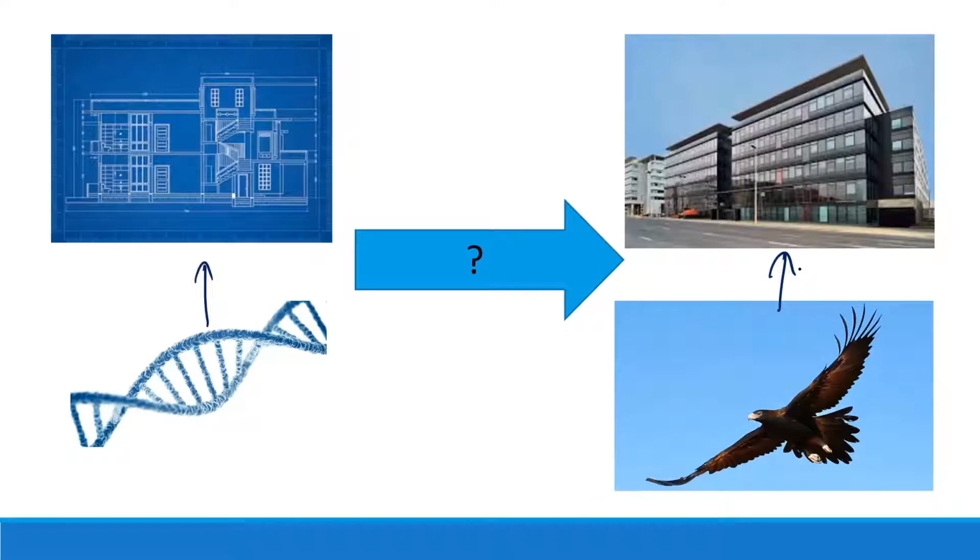But the real question here today is, how do I get from the left to the right? How do I take the list of instructions and make that into a building? How can you take this complex code and turn it into something that will actually exist? That's what we're going to be looking at today.